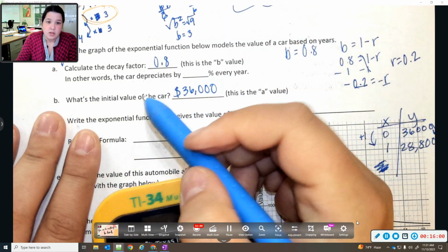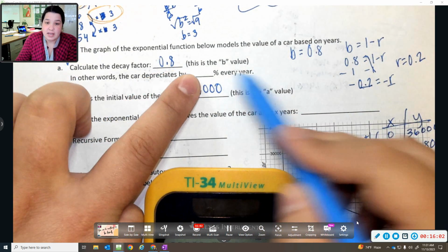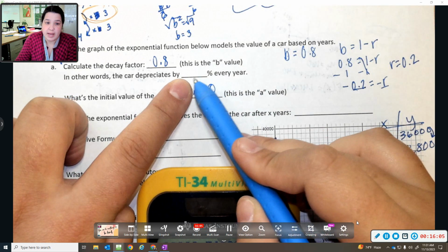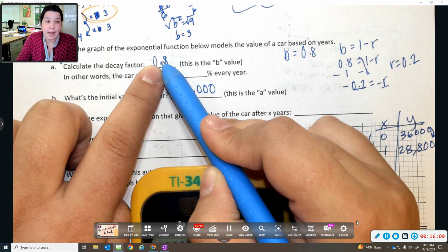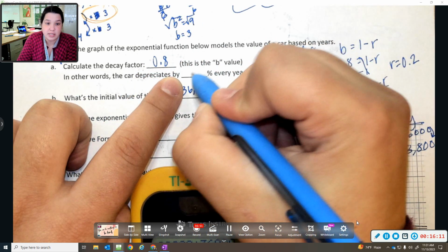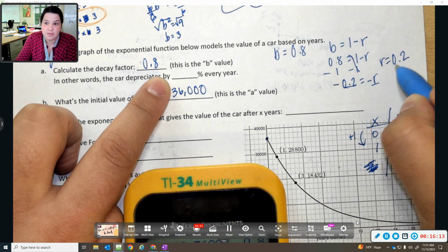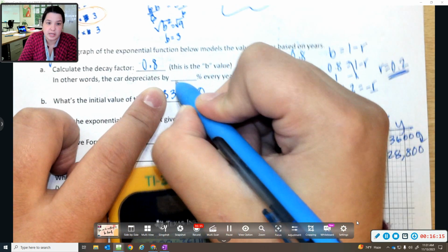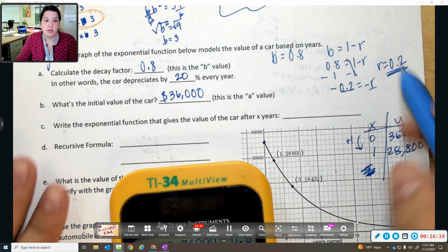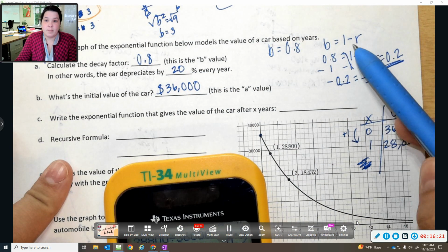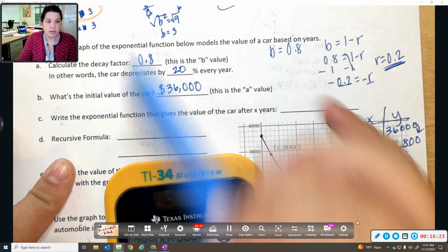All right, so that means it is decreasing by how much each year? Well, it's not decreasing by 80%. The rate is 0.20, and 0.20 as a percent is 20%, because it's 1 minus 0.2, which is 0.8.